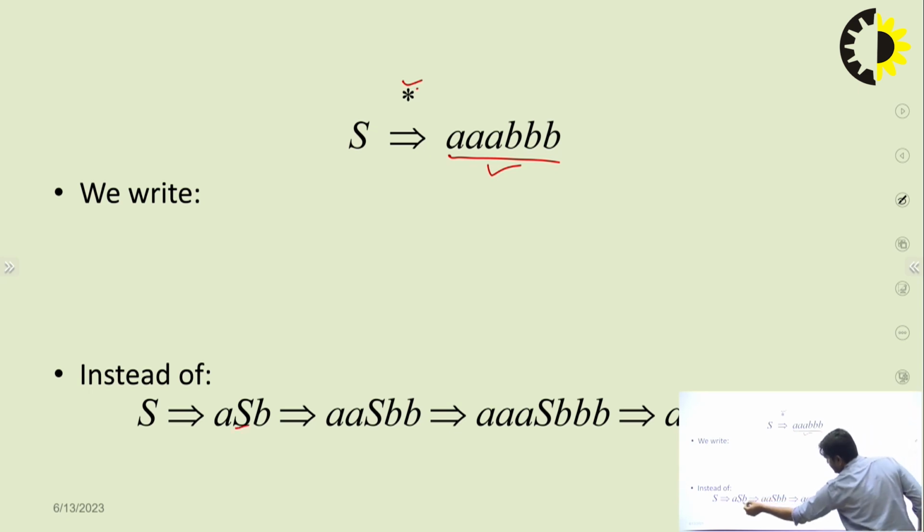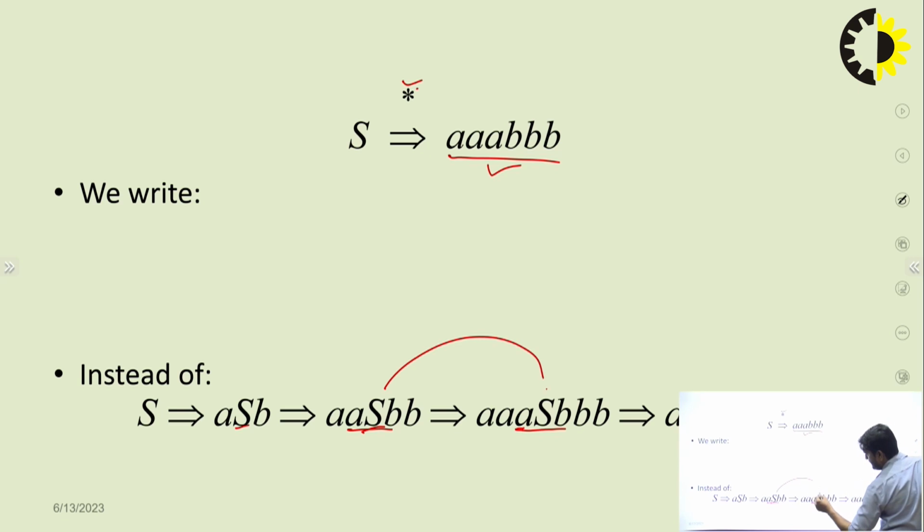Again we replace A with aAb, again S with aAb, and next we replace A with epsilon. The sentence generated will be abb. There are n number of a's and n number of b's, and n is always greater than or equal to 0 for the given grammar.